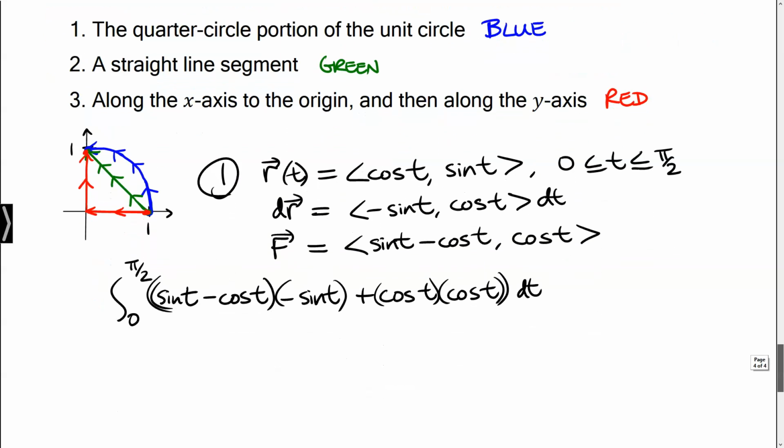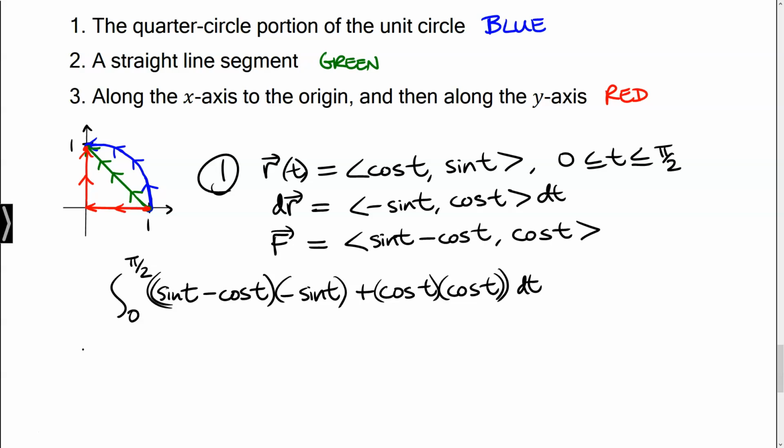Okay, so we're going to get a cosine squared minus sine squared. There's a minus sine squared. Cosine squared minus sine squared is cosine of 2t. And then there's a plus sine cosine, and that's sine of 2t over 2.